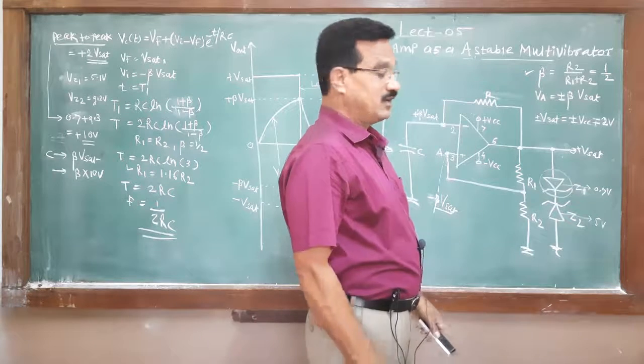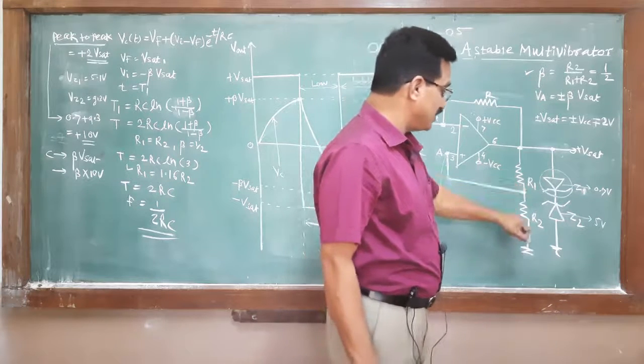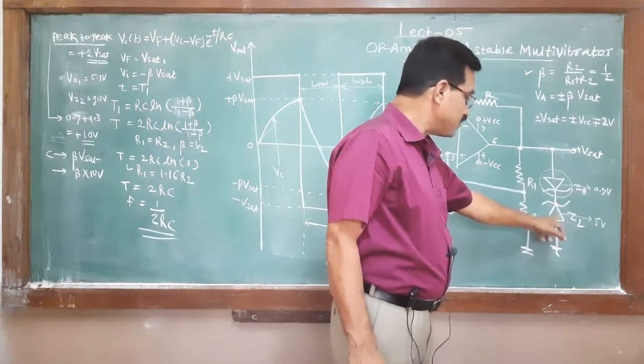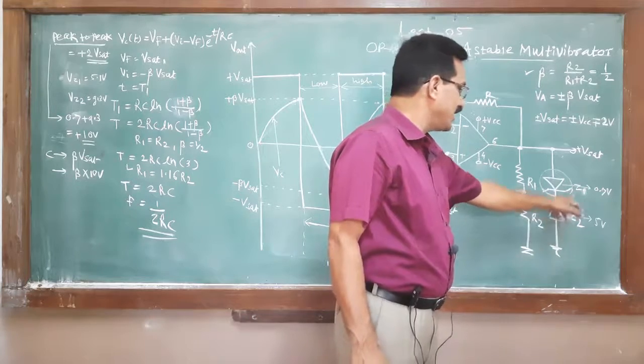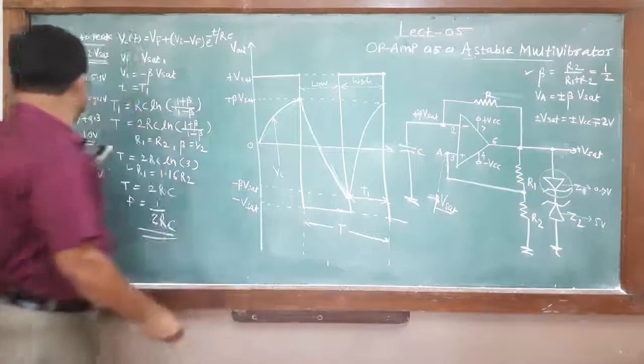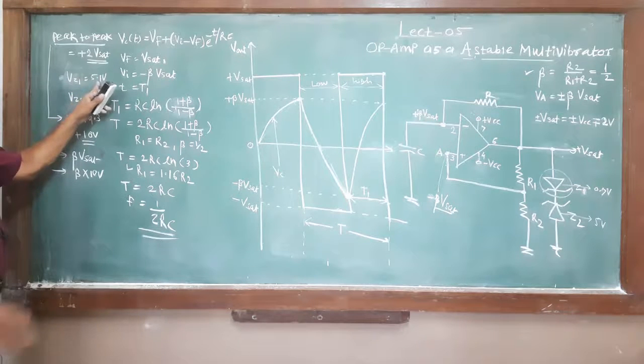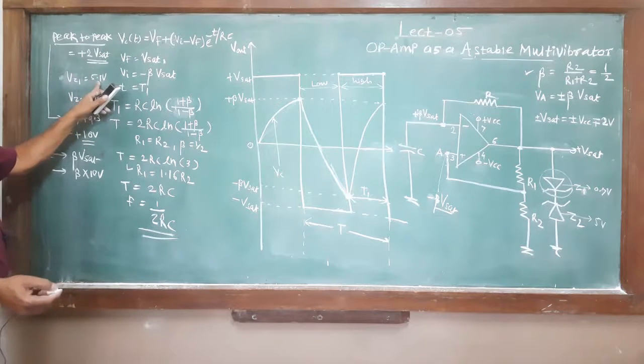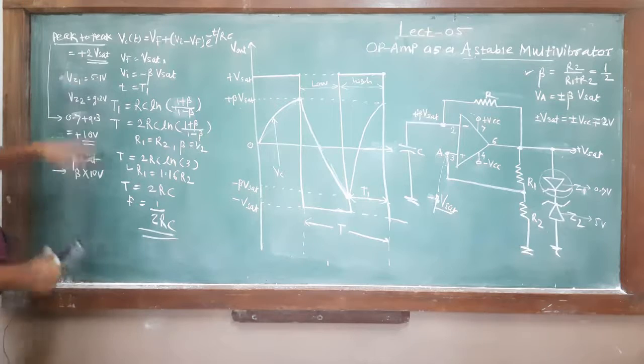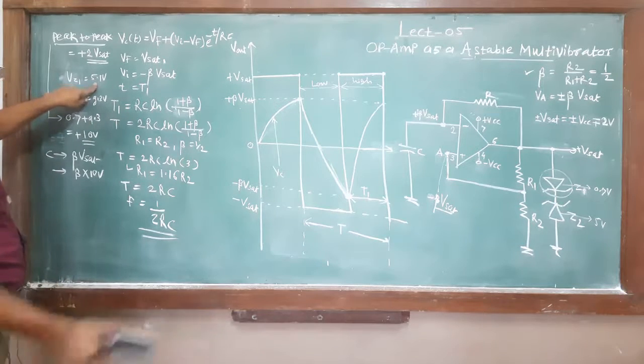what will happen? Due to this negative saturation, this is forward bias, 0.7 volt, and this is the first one, that is 5.1. You remember that in the second situation, voltage is 5.1.